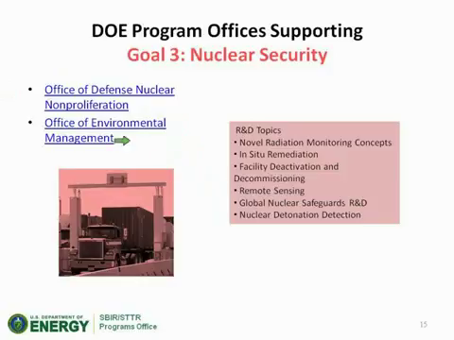The Office of Environmental Management is responsible for cleaning up many of the sites where weapons have been developed over the years. Again, they're mostly focused on remediation and decommissioning of those sites, and they fund research related to that.